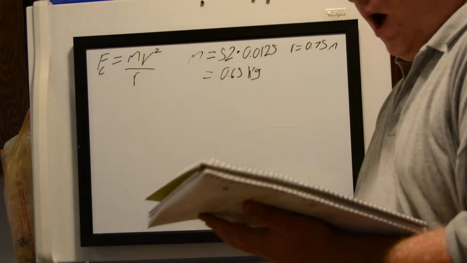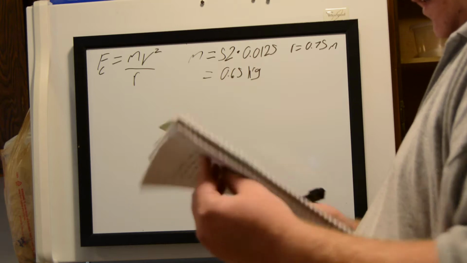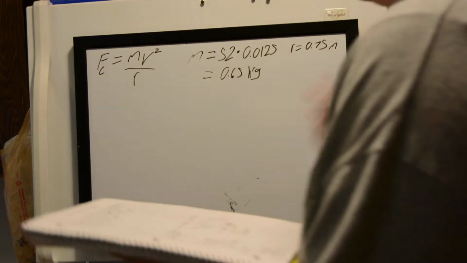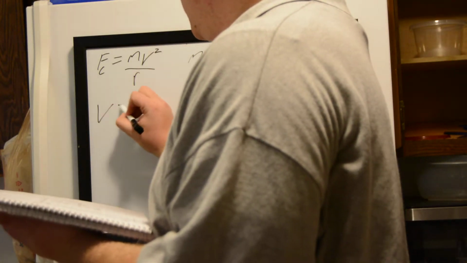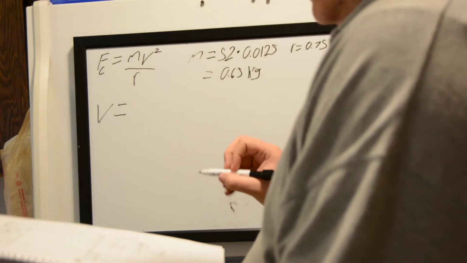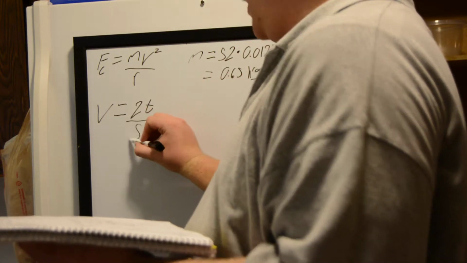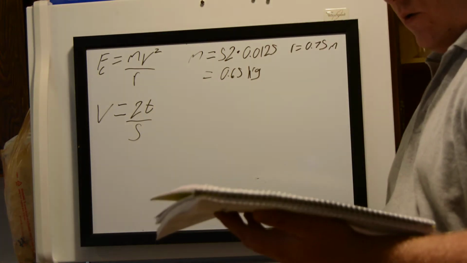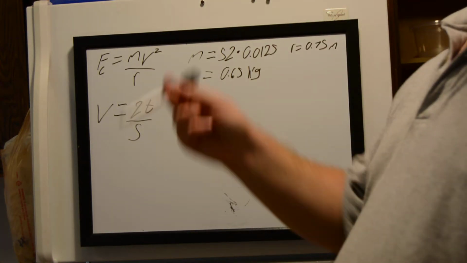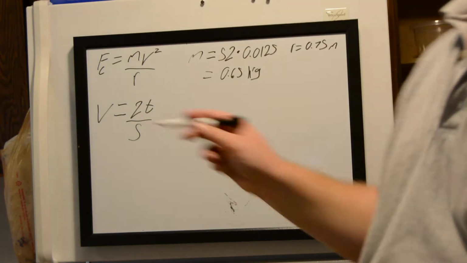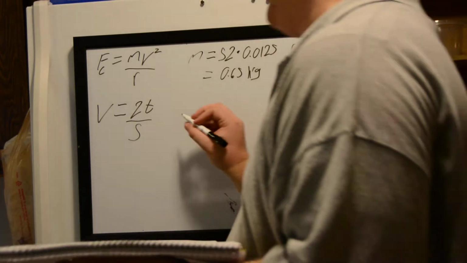And then we want to find out what the velocity is. So we know from the problem that her velocity is 2 turns per second. And so we know from trig that a full revolution, a full turn, is 2 pi.